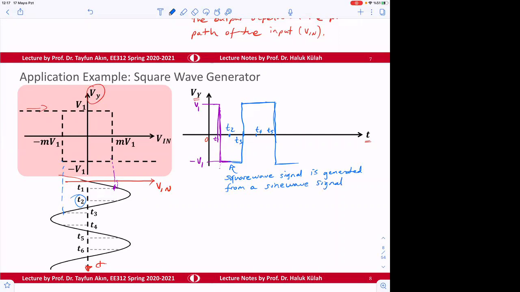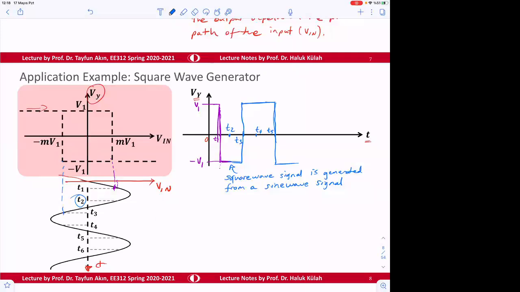So what is the point here? I mean, you could just put here the sine wave, and then, you know, high, low, high, low, high, low. You could obtain that.